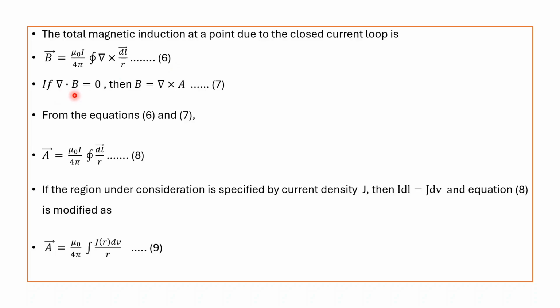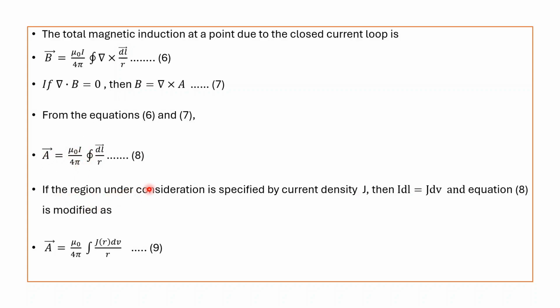If div B equal to 0, then B equal to curl A. Now compare equations 6 and 7, we can get the value of A. If you remove the term del cross, the rest of the terms represent the vector potential. Mu naught I divided by 4 pi integral dl vector by r is our vector potential.